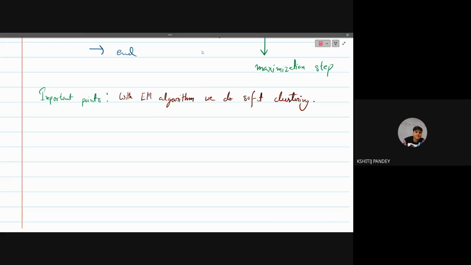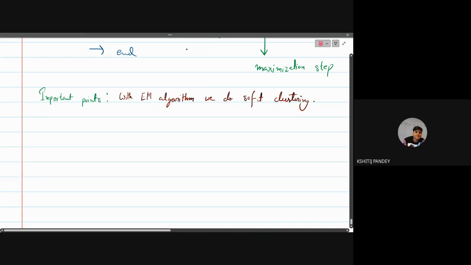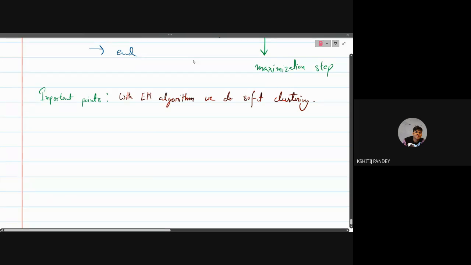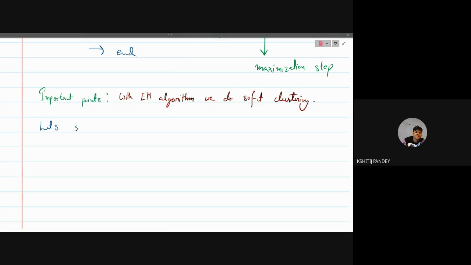Let's say the data is coming from the below model.